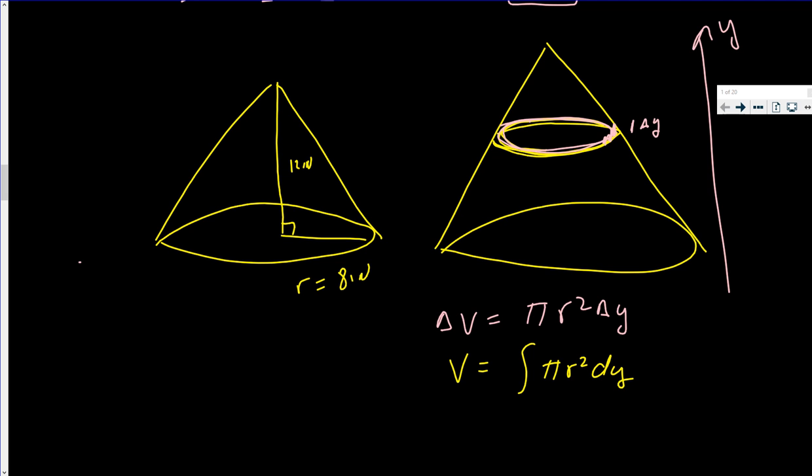Now, we need to be a bit careful about what y equals, what r equals. Because for different heights, r is different. That is, down here, r is 8 inches.